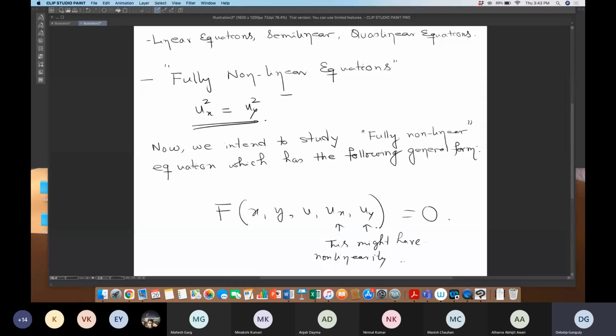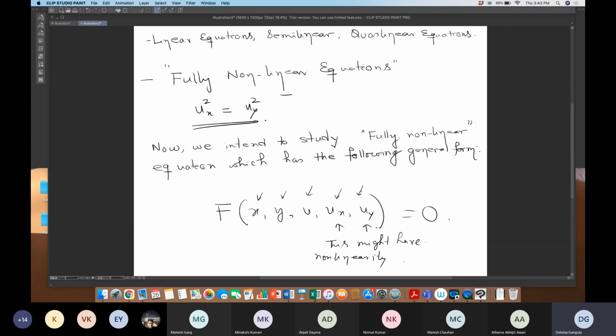So any idea? This is some variable, this is a z actually: z equal to u of x, y. Because ux and uy now also have a nonlinearity, what is an obvious idea to start with?